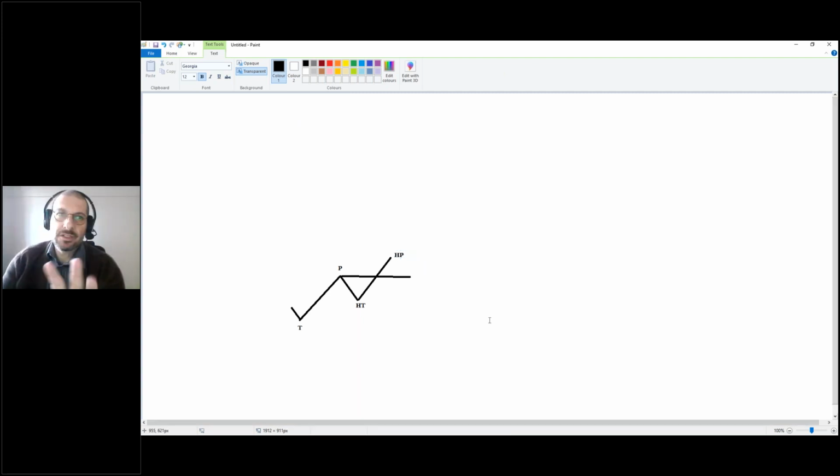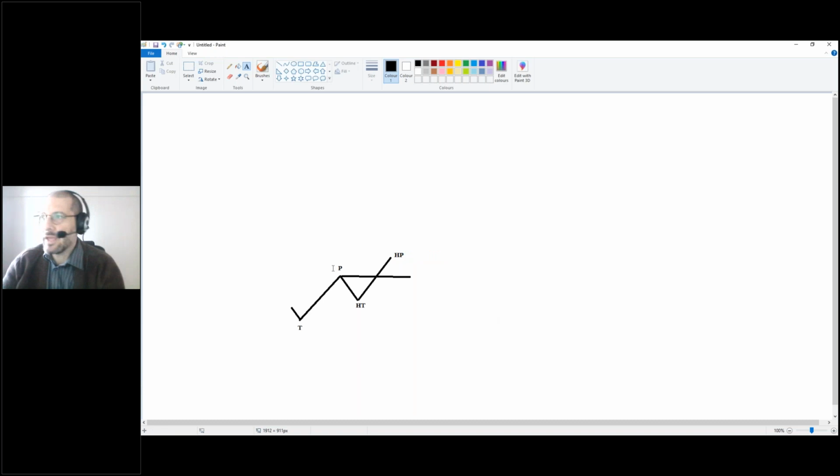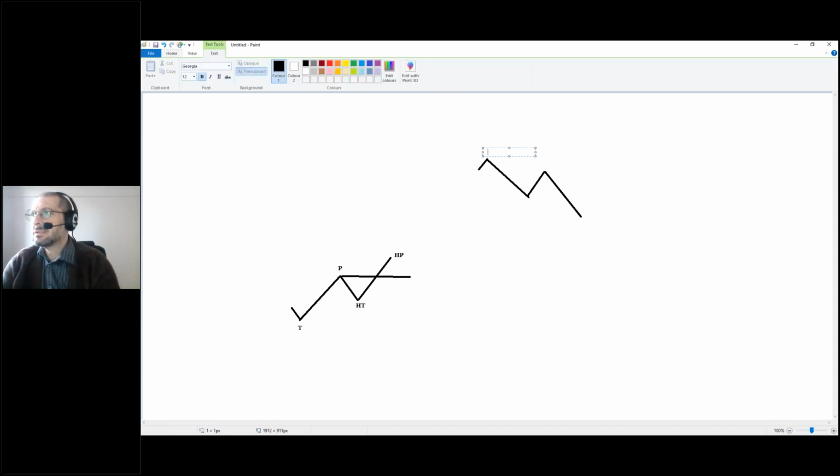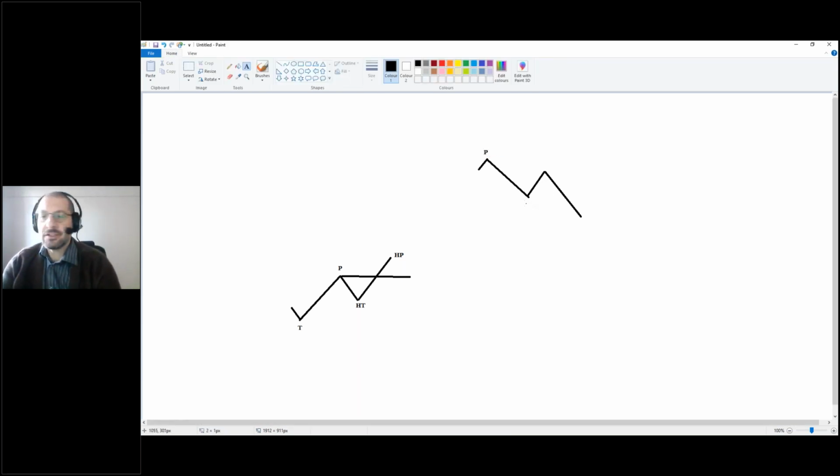Let's just do similar with a downtrend, so everybody's aware of what we're looking for. With a downtrend, we need 4 points as well, and it would look something like this. We'll put in a reference peak, and our reference trough.